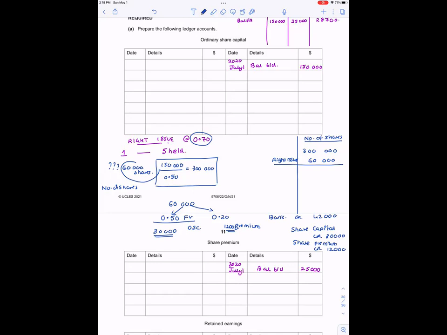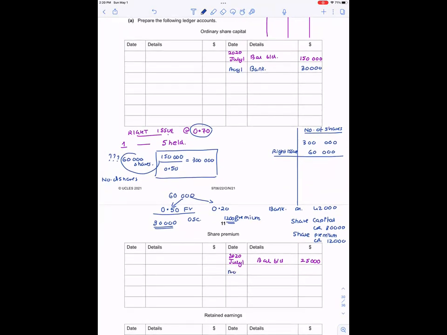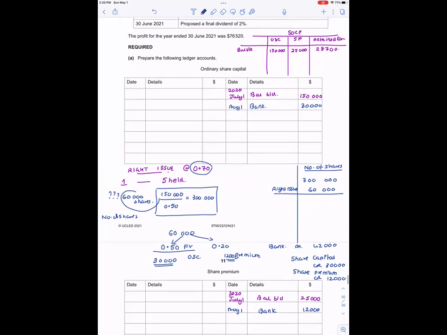Okay. So now I'm going to do ordinary share capital. Ordinary share capital credit. This is bank. August 1. Premium credit. And in my statement of changes in equity, I'm going to put 30,000 over here, and in the premium, 12,000 is adding.